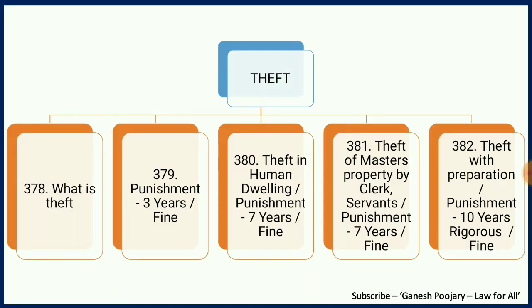Before getting into the details of all these 5 sections, if you give me a 60 seconds challenge to explain all these 5 sections within 60 seconds, here it goes. Section 378 defines what is theft. 379 gives the punishment up to 3 years or fine or both. 380 discusses theft done in the place where humans are residing, and there the punishment can go up to 7 years or fine. 381 discusses theft of master's property by clerks or servants, and there the punishment can go up to 7 years or fine.